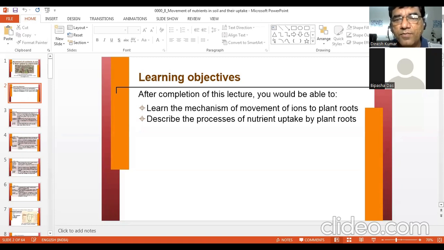Because it is starting from the root, it has to first enter the root, and through the root, it has to move into the plant system. It is required to be distributed in the plant system. And as you know, nutrients and water both move in the plant system through xylem.